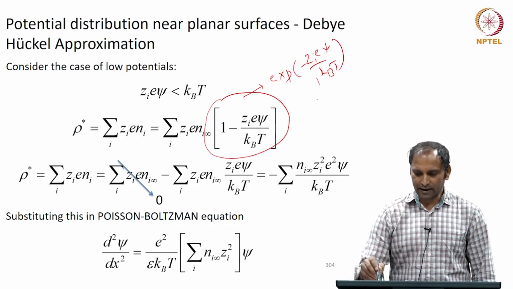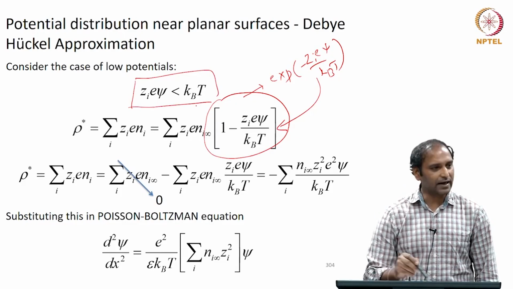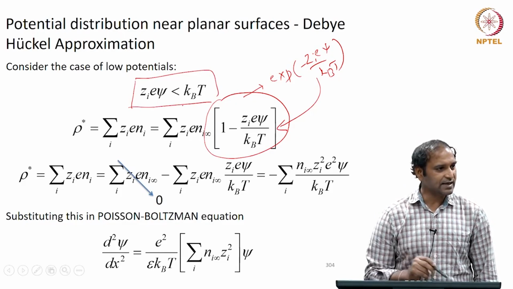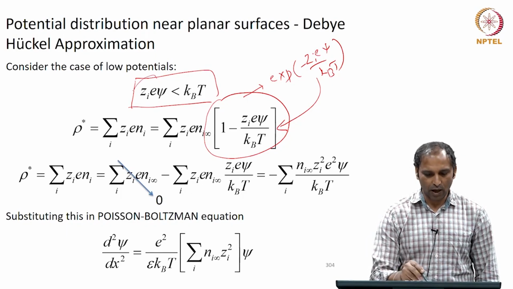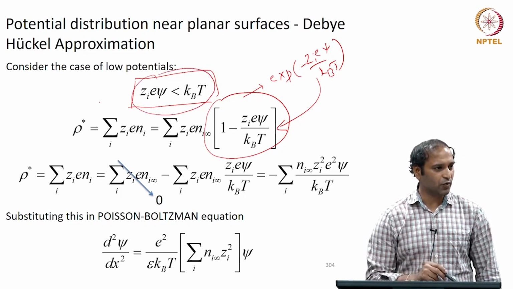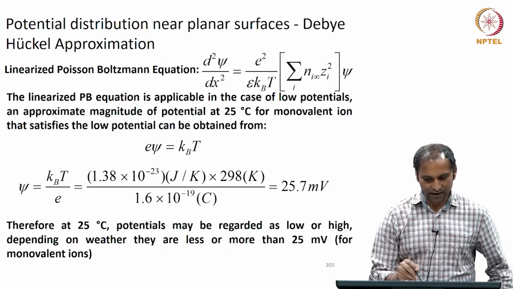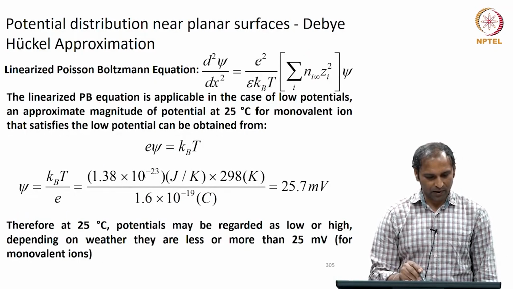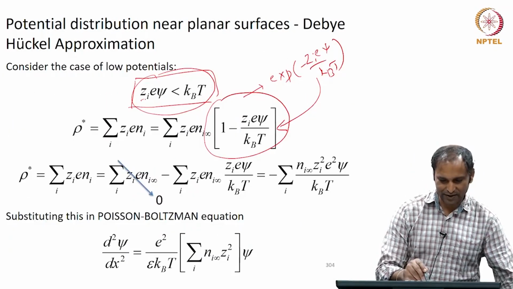I can write this in this form only when zi e psi is less than kbt. That is how the low potential was derived. And then we said that if I am working with a monovalent, because there was zi here.